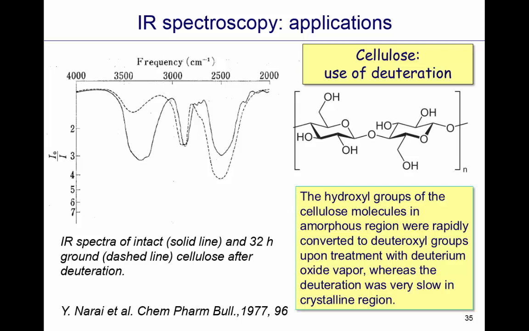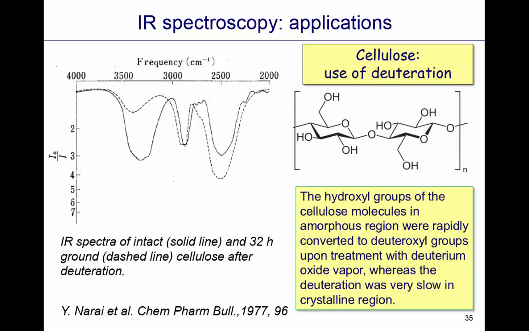Very good point as well. Because hydrogen and deuterium are two nuclei that have different weights, what we're observing here is a vibration of the bond. So if we have OH and OD, the frequency of these vibrations will change.